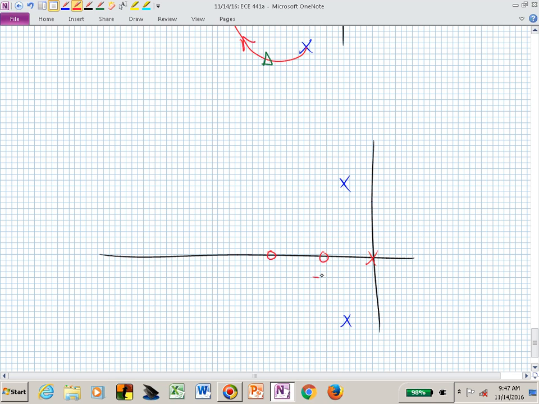So now I have minus z sub 1 and minus z sub 2. Now what's the root locus look like? How many pieces of bread do I have? 4. Which pieces are on the root locus?